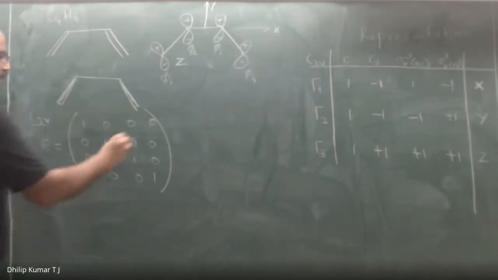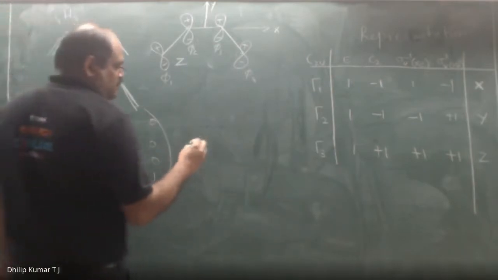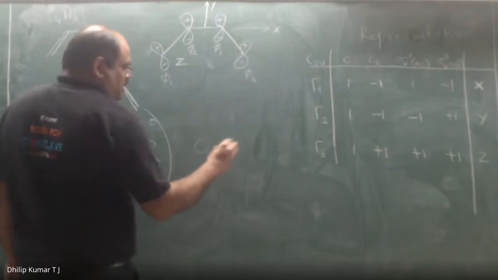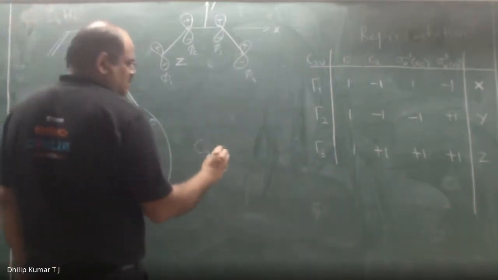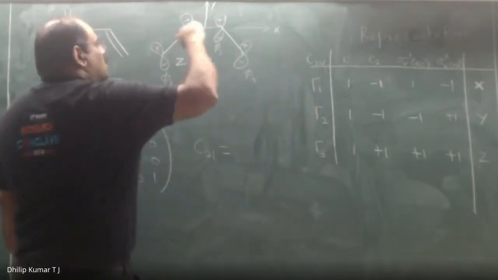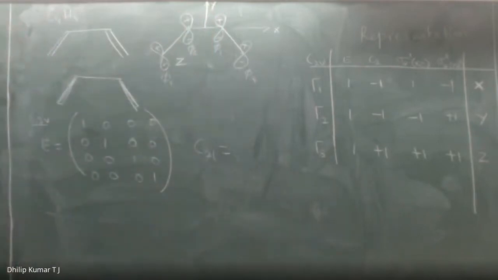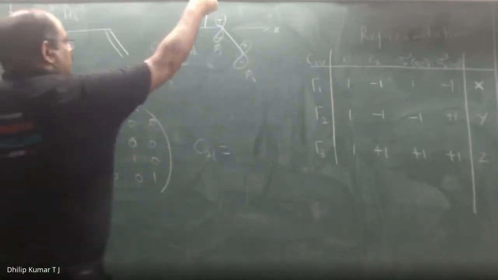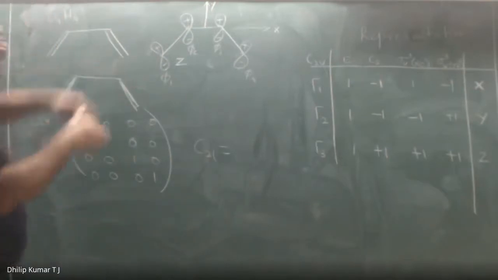All diagonal elements are 1. Now I'm going to rotate the C2 along the y-axis or z-axis. How do you rotate? C2Z. Since we have placed the molecule something like this, we have to rotate along the z-axis. Okay, C2Z.